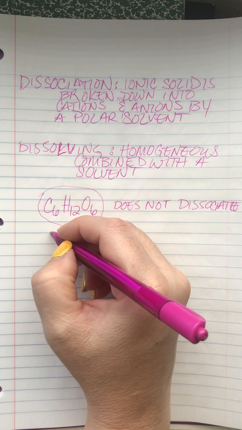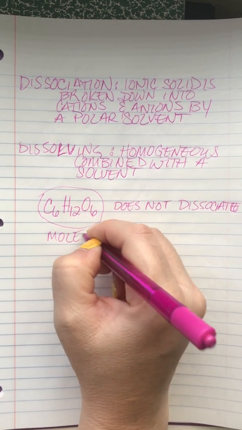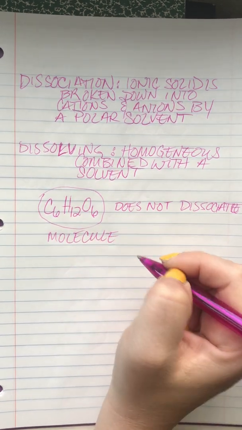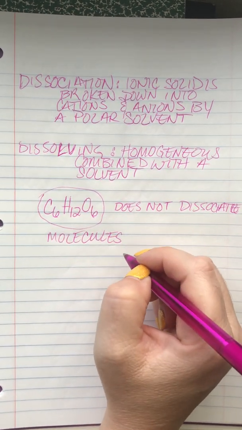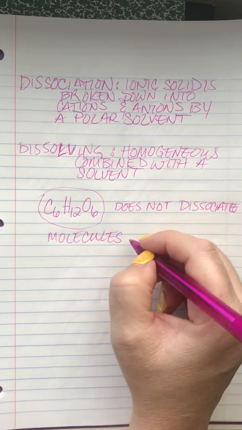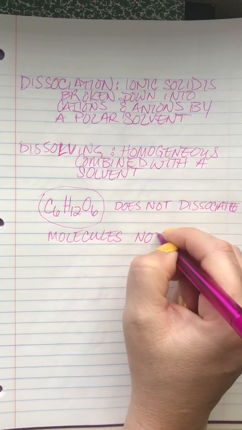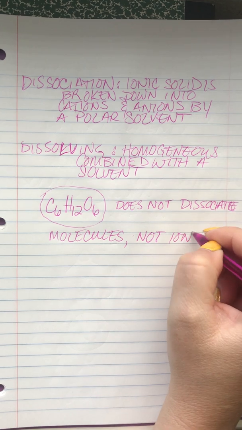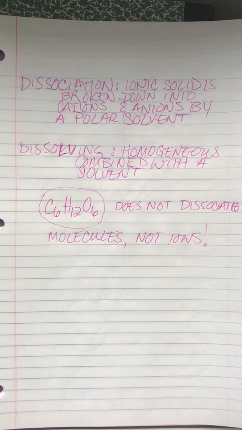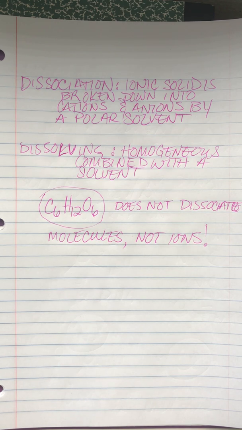But they're not broken down into ions. So in order to be a dissociation, there has to be ions formed. Does that make sense, guys? Cool. Questions about this so far?